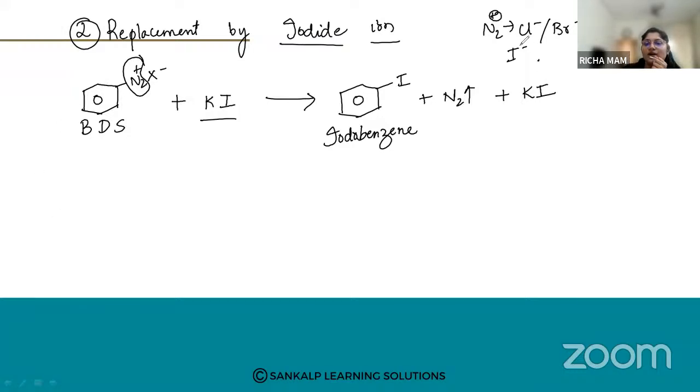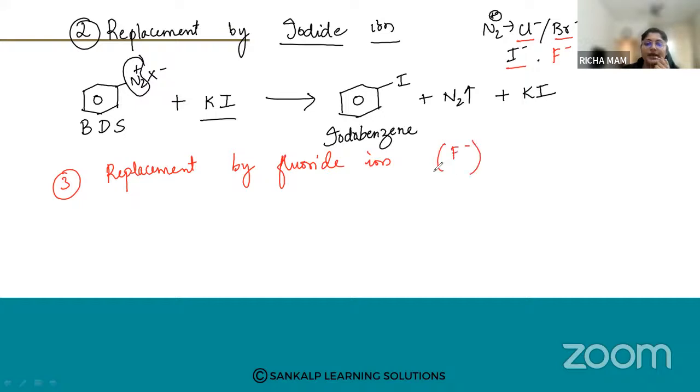So we have seen how to replace the diazo group by Cl minus, Br minus, and I minus, iodide. Now we are going to see replacement by fluoride ion, that is F minus.